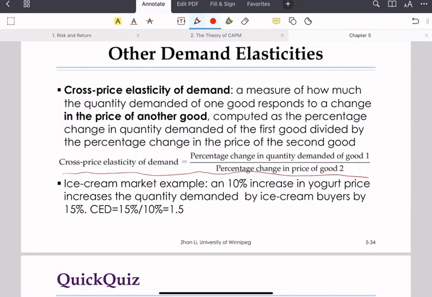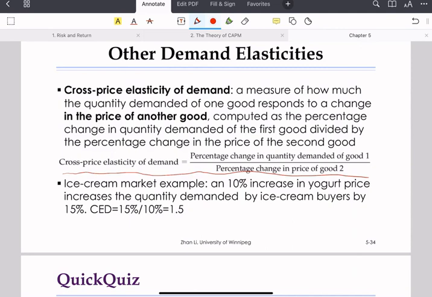The cross-price elasticity of demand equals the percentage change in quantity demanded of consumption good 1 divided by the percentage change in the price of consumption good 2. This is still a price elasticity, but it's a cross-price elasticity because you're thinking about two different consumption goods.